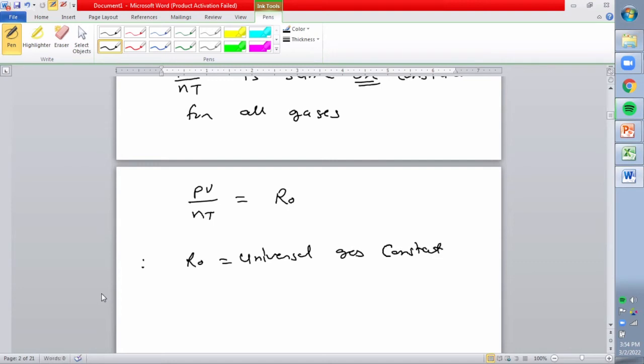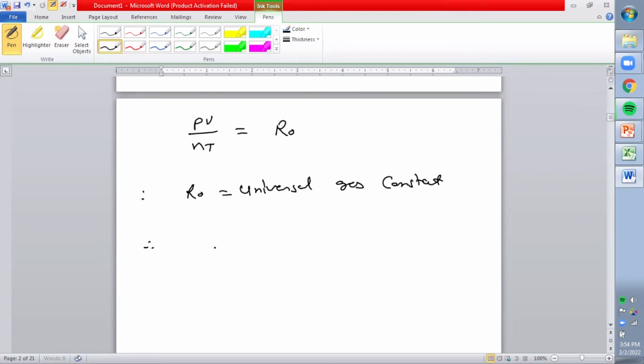We just now proved that MR is equal to PV by nT, and PV by nT is equal to R0. So MR is equal to R0, which is equal to PV by nT.